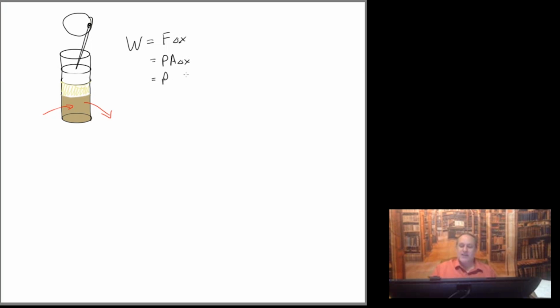But the area times delta x, where delta x is how far the piston moves, would be just a change in volume. That would be this yellow volume that I have here, the new volume where we expanded into that space. And so the work is equal to the pressure times delta V.